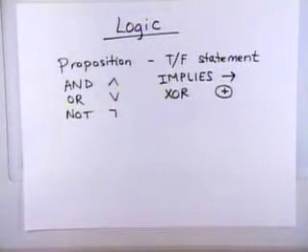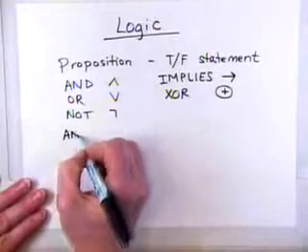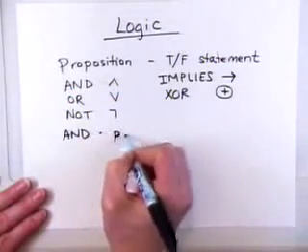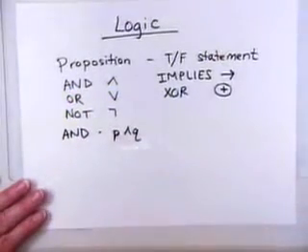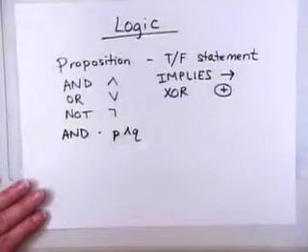And what's the main thing to remember about and? Both are true. So if P and Q is true, then both P and Q are true, and that gives us which rules? Simplification. And the conjunction rule also comes from the definition of and, the way we do formal proofs.